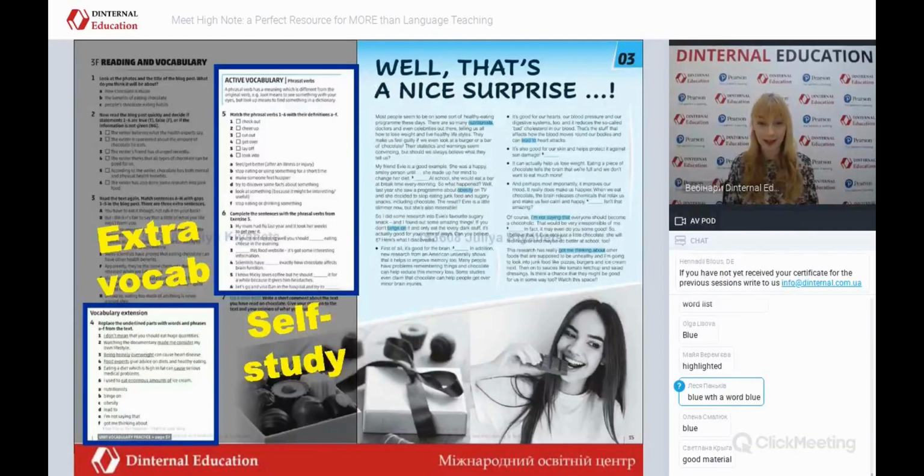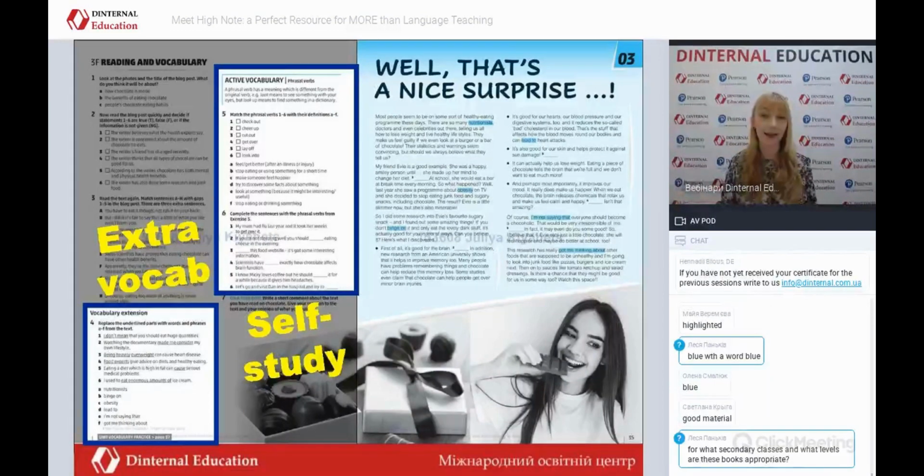It's self-study. So for reading lessons and for listening lessons, they will have these two new sets of vocabulary, which are not mentioned anywhere in the student's book, apart from the word list at the end and the test.